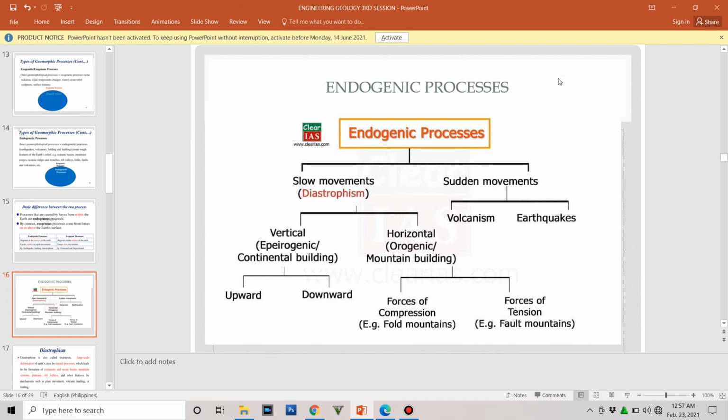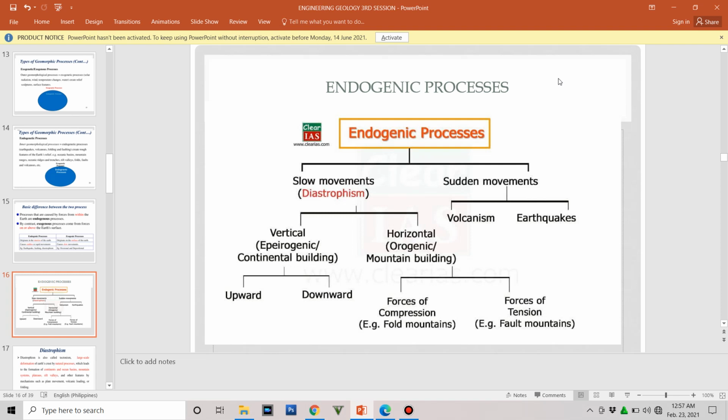So, sooner, by and by, I will elaborate that further. Okay? So, of course, when we say vertical, we will be having two movements only. We have either upward or downwards.